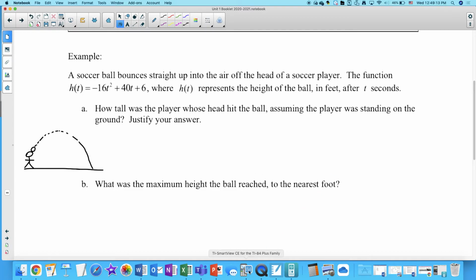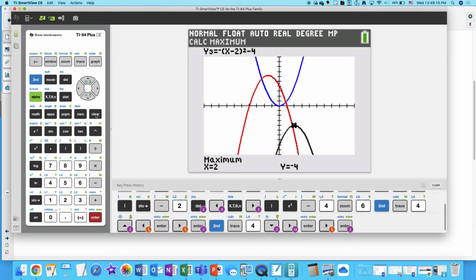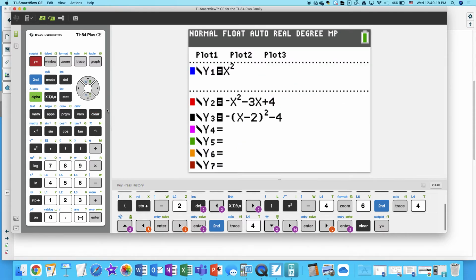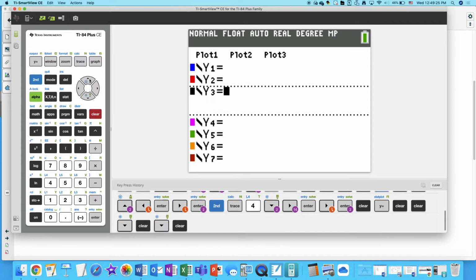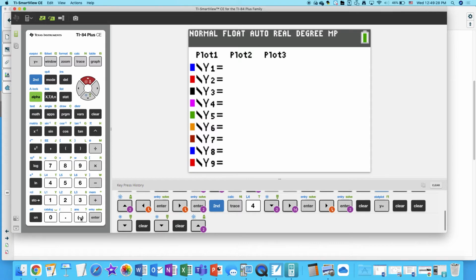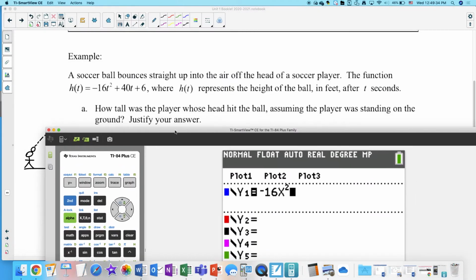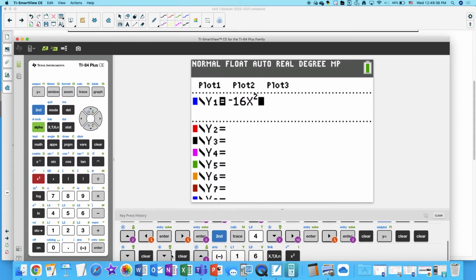The function is negative 16t squared, so negative 16x squared, plus 40x plus 6.